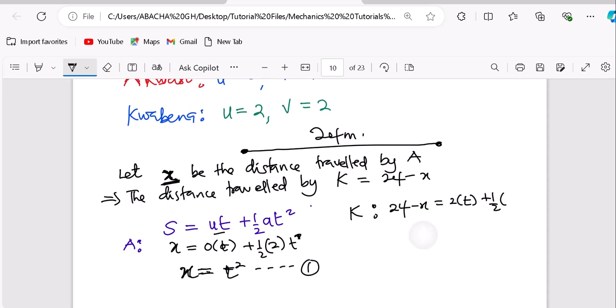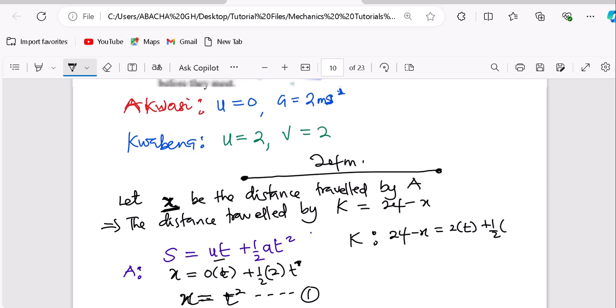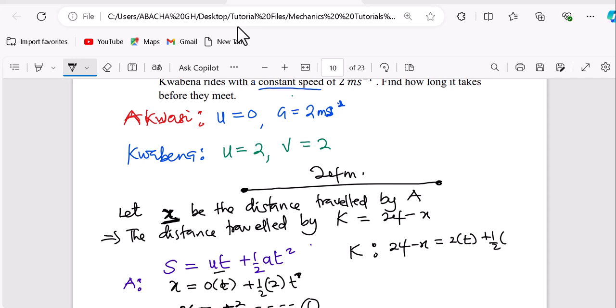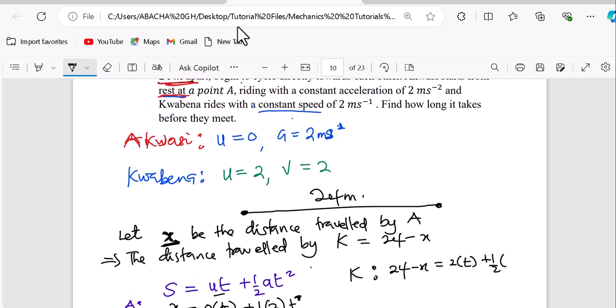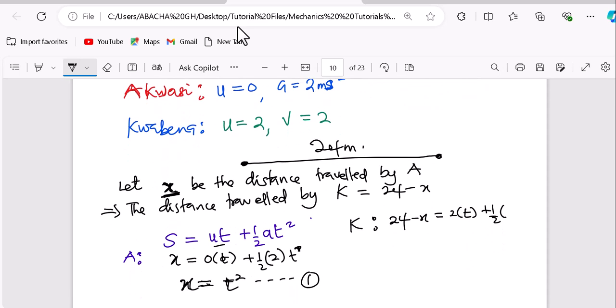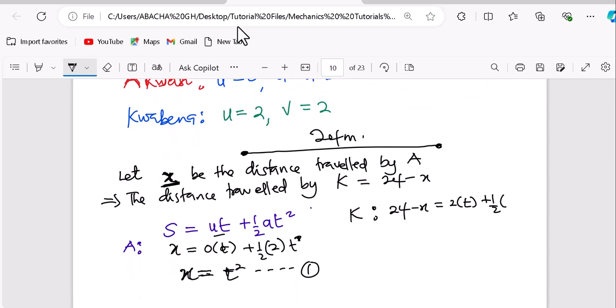Riding with a constant velocity, what will be his acceleration? Well, they said his speed was constant. Since the speed is constant, it means the acceleration is 0.